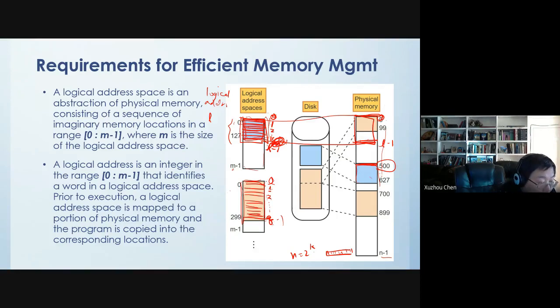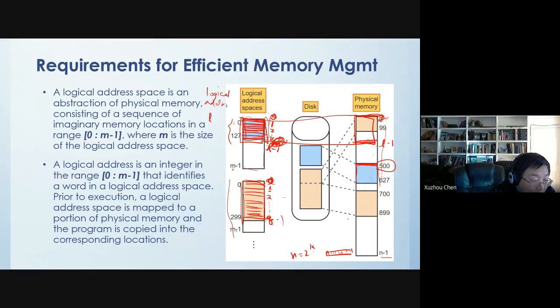But for the second program, when you load it into the physical memory, you cannot load its logical address 0 into physical address 0, because physical address 0 is already used. The address should be unique, right? So you have to load logical address 0 for this program into some other place.